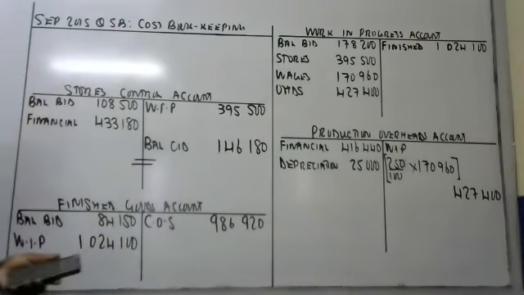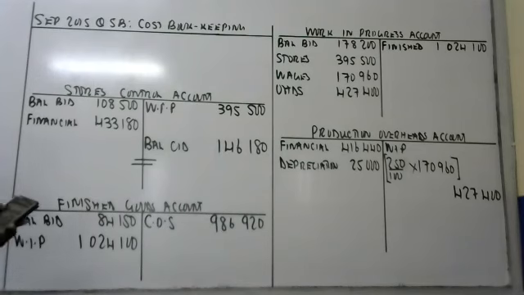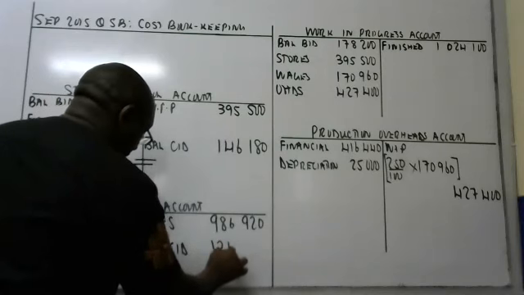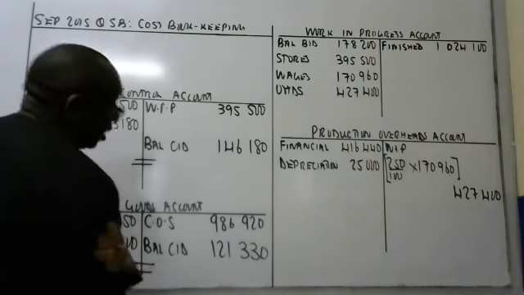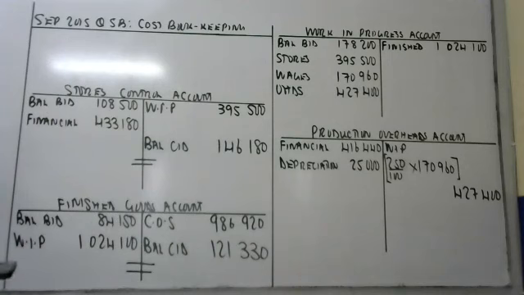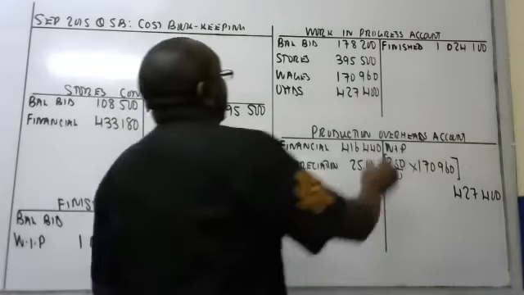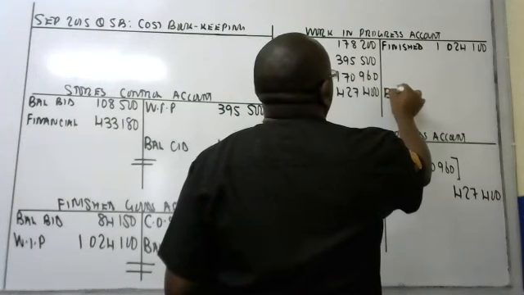Then we do the same with the finished goods: 84,150 plus 1,024,100 minus 986,920. The balance carried down is 121,330. Then we go to the work in progress and do the same thing.